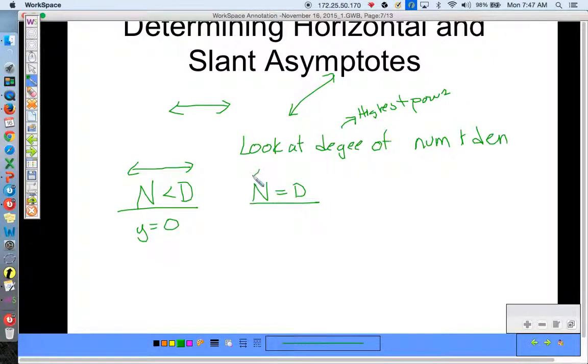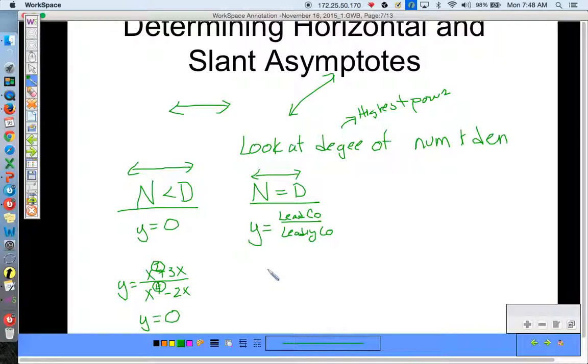If they equal each other, it's also a horizontal, but it's at y equals the leading coefficient over the leading coefficient. So an example of this, what if we had y equals x squared plus 3x over x to the fourth minus 2x. Our degree is less, so it's at y equals 0. If they're equal, for example, if we had 2x squared plus 3x over 4x squared plus 5, they're equal, so we take those leading coefficients, y equals 2/4.